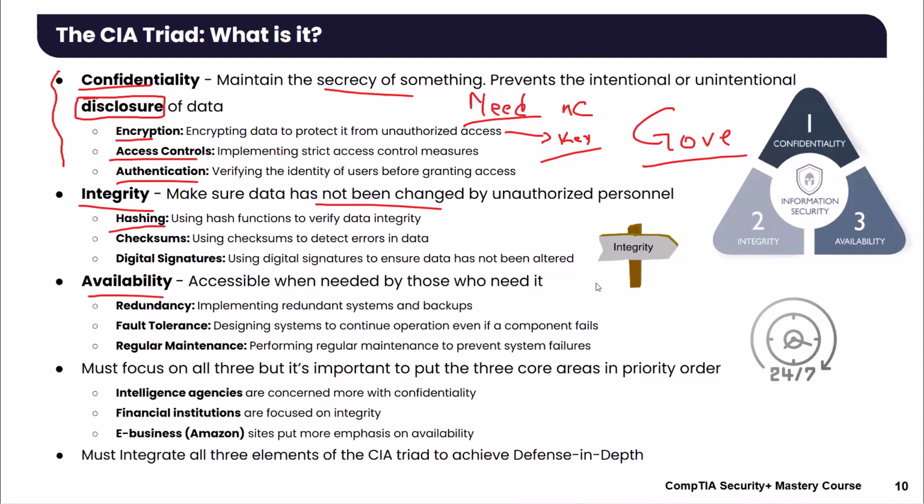It's not symmetric or asymmetric. Like a serial number, it's a bunch of numbers, and it's one way. Meaning once you hash something, you cannot reverse it. You can't unhash it or go back to the original.